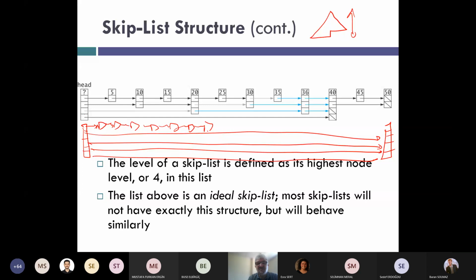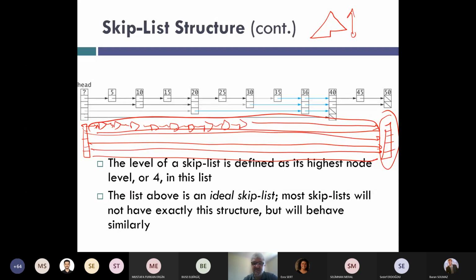This is also possible. All these are level 1, except just one node. This is possible. Probabilistically, it is not very probable, but possible.